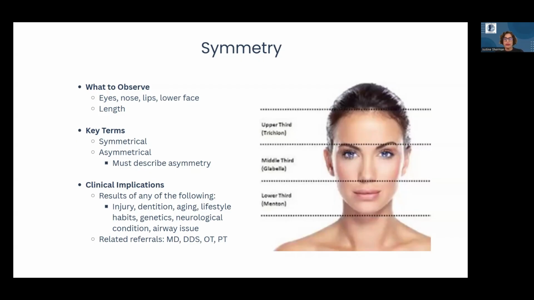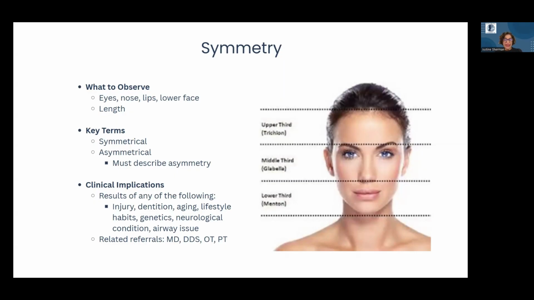So, the referrals we may be considering when asymmetry impacts function or worsens with movement may include a neurologist, ENT, dentistry, orthodontics, OT, and PT, depending on the suspected contributor. The bottom line for SLPs is facial symmetry reveals how well the system is organized and controlled.